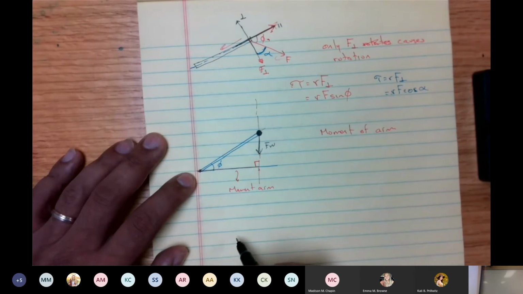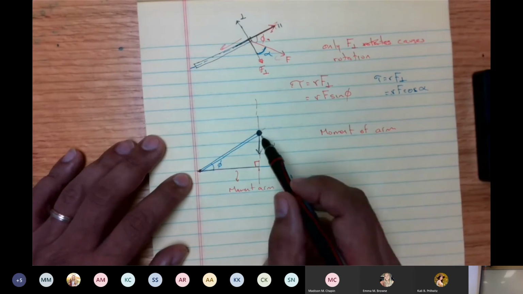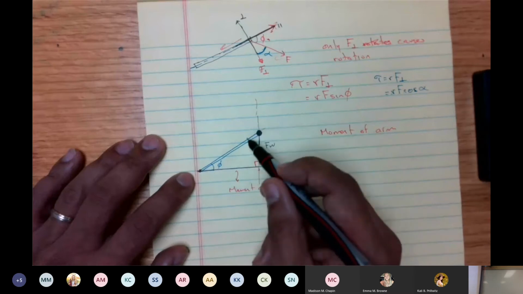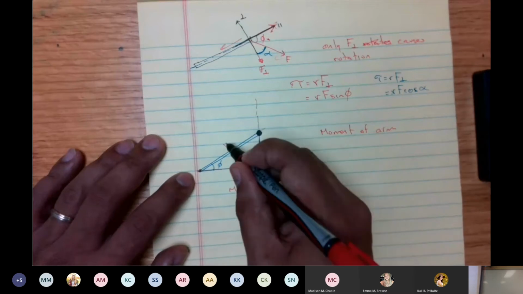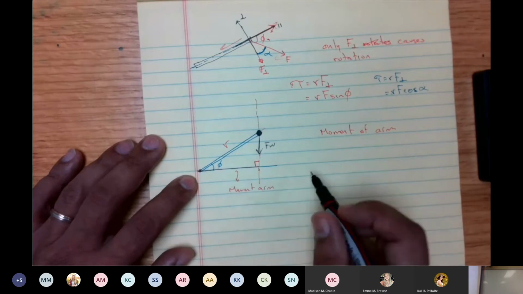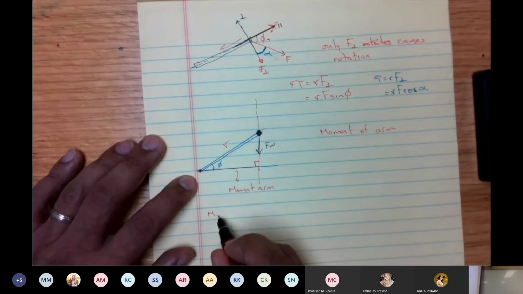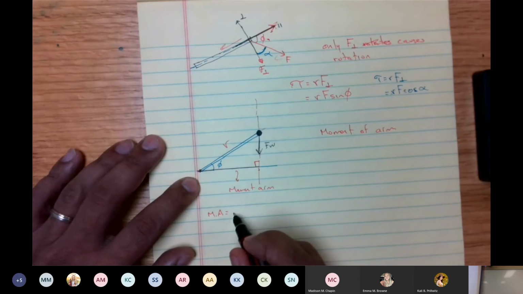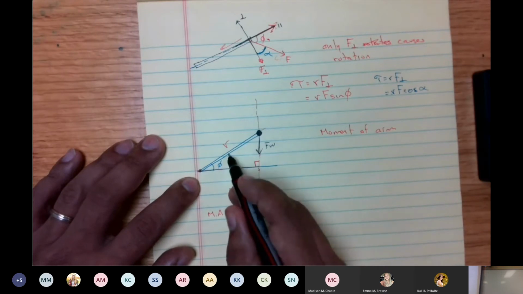And in this case, notice that I have a right triangle. The hypotenuse is the distance R, it's my radius R. And the moment arm will be R, oops, cosine of phi.